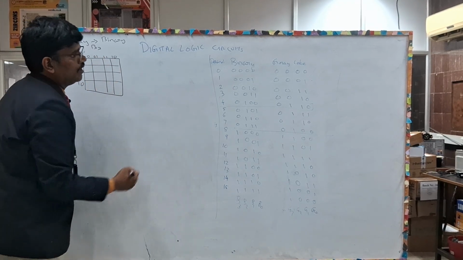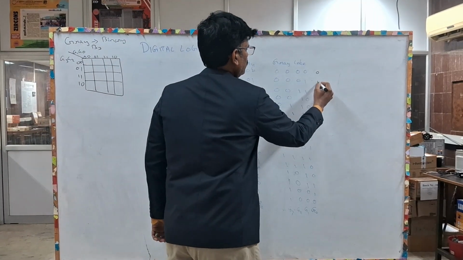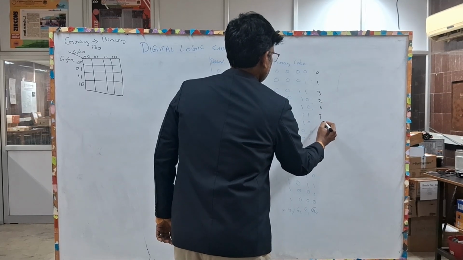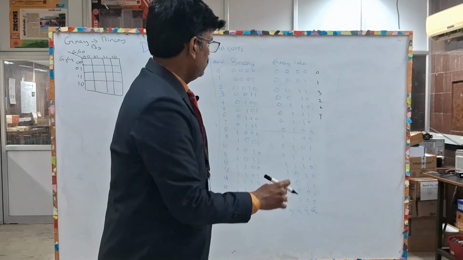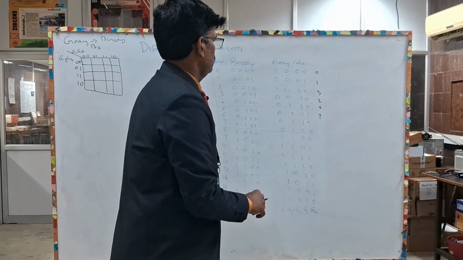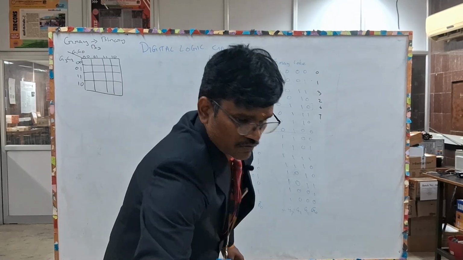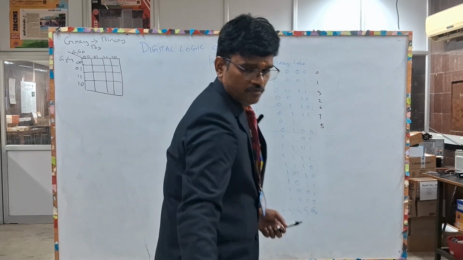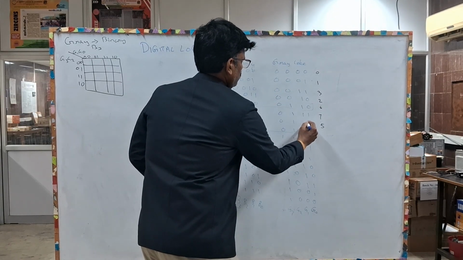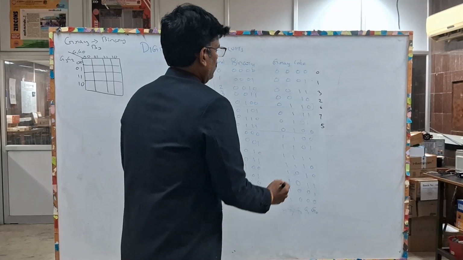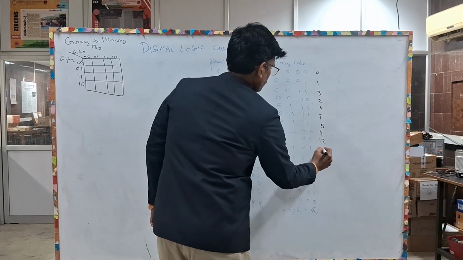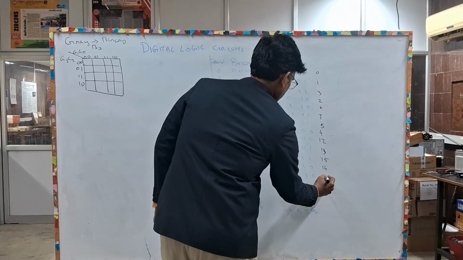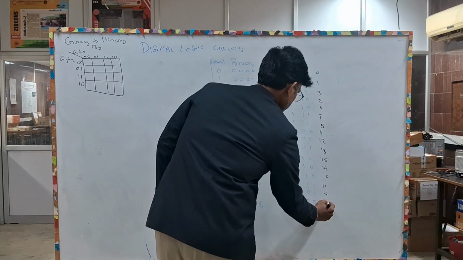The cells are numbered 0, 1, 3, 2, then 4, 5, 7, 6, then 12, 13, 15, 14, then 8, 9, 11, 10.